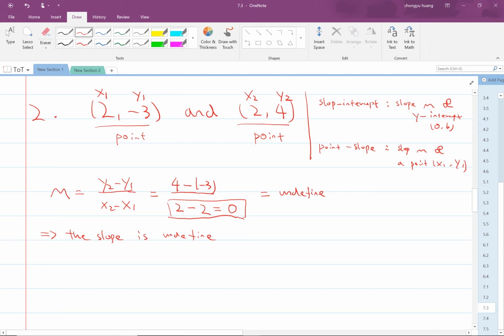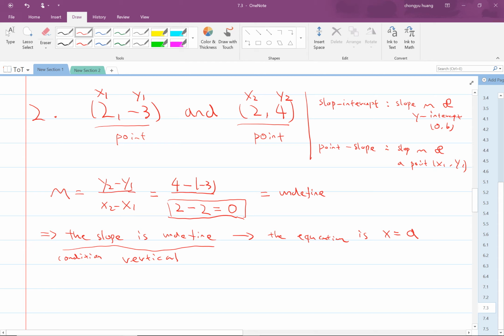That basically means the equation is x equal to a. So that's the meaning of it. When the slope is undefined, that's the condition for a vertical line.